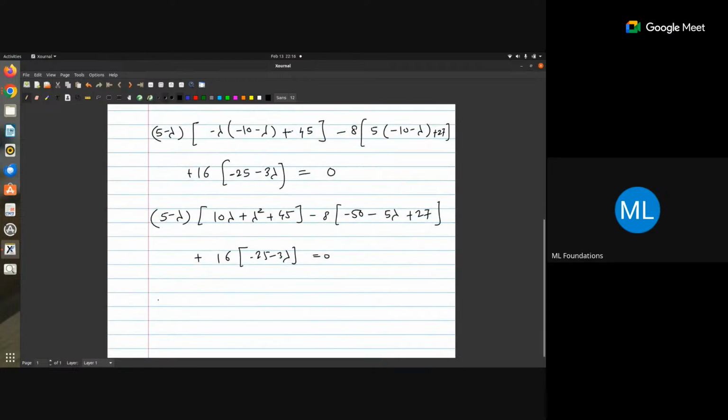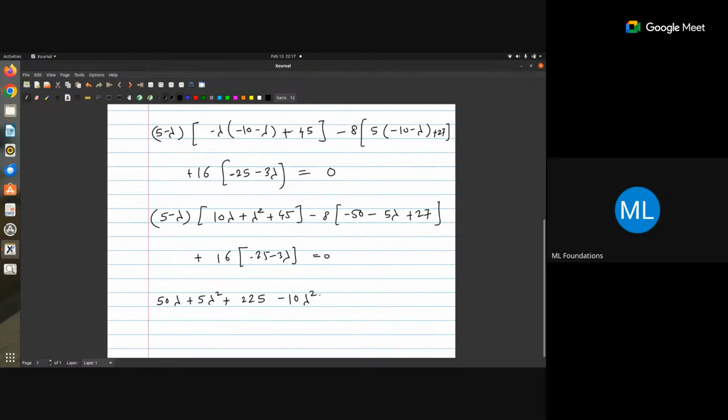Next will be 50 lambda plus 5 lambda square plus 45 into 5, that is 225, right? 225 is correct.